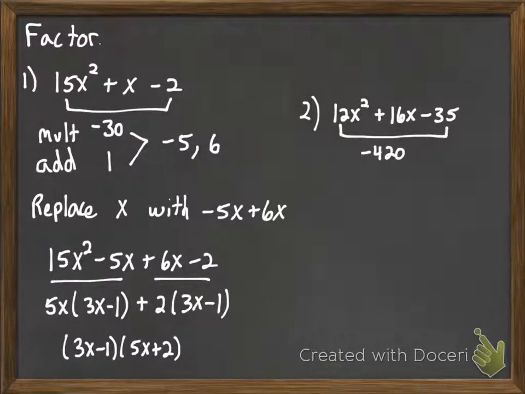If you've been getting by without listing out factors, now's a really good time to get in that habit, especially when you start dealing with bigger numbers like this. Because it's negative, we know that one will be positive and one will be negative, and we just start going through our list.